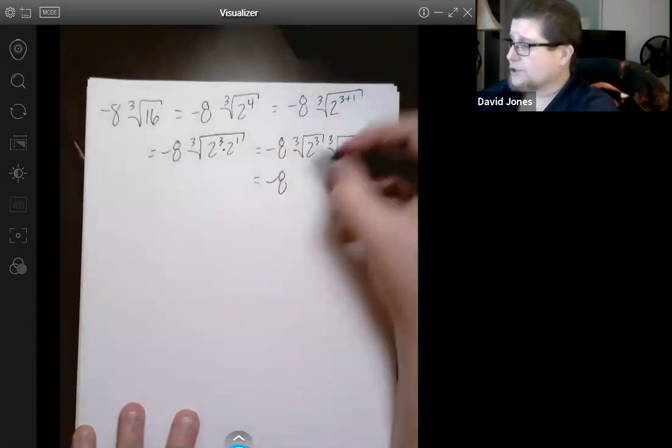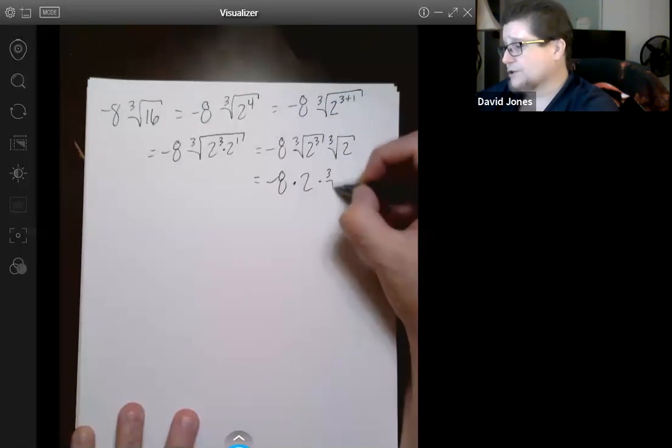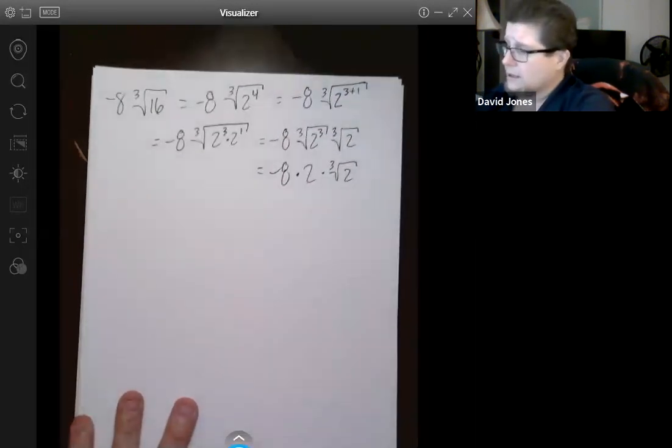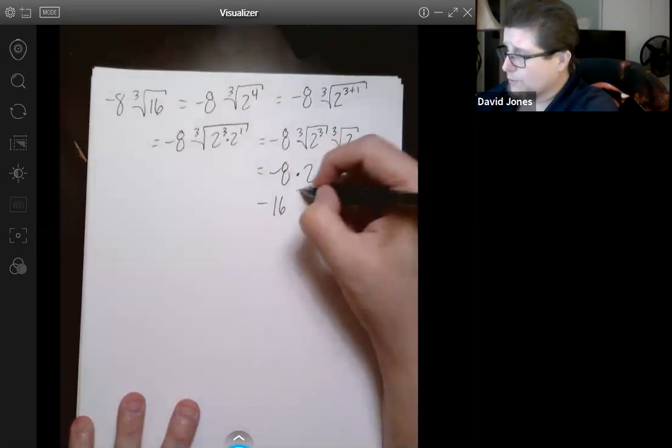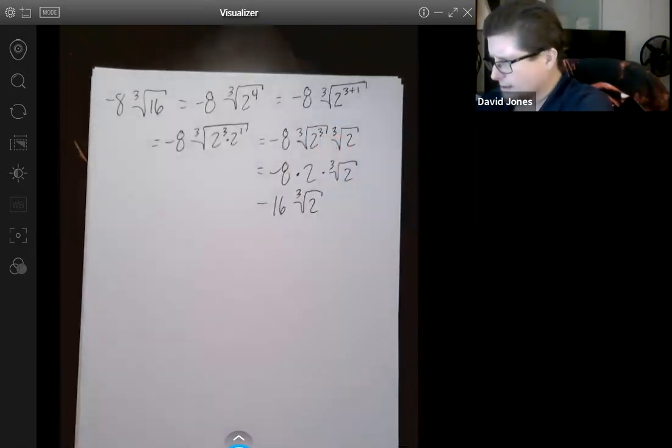And the cube root of 2 cubed is 2. And we still have cube root of 2 there. So this is -16 cube root of 2.